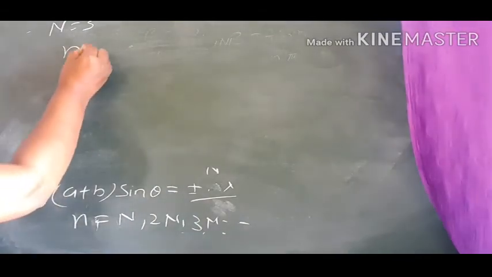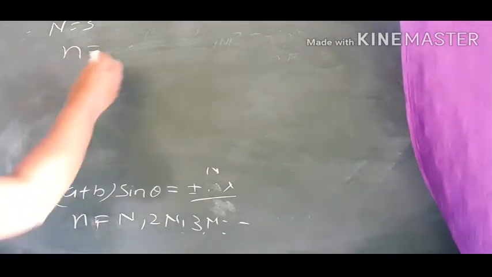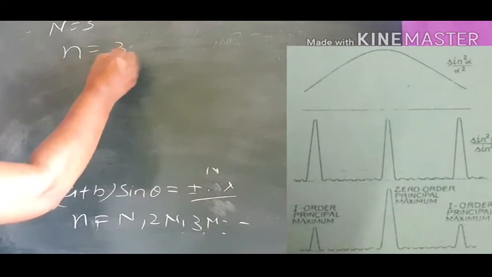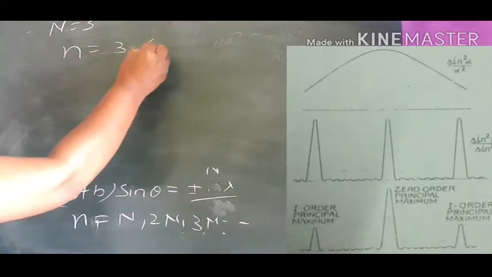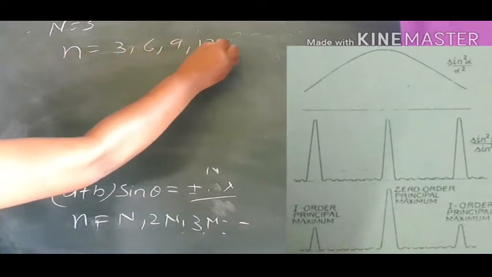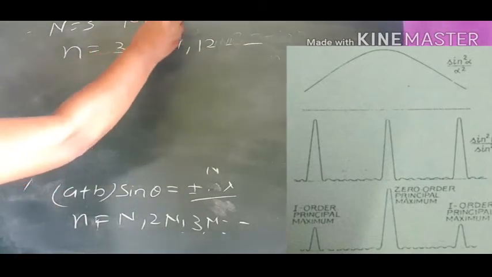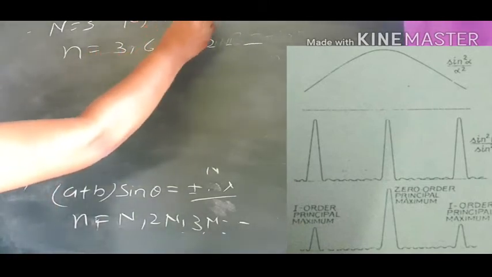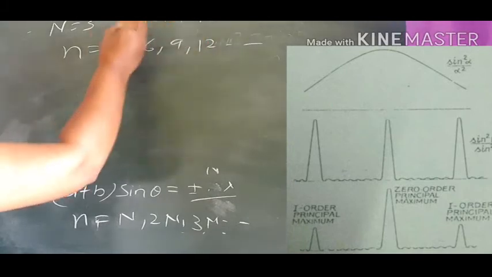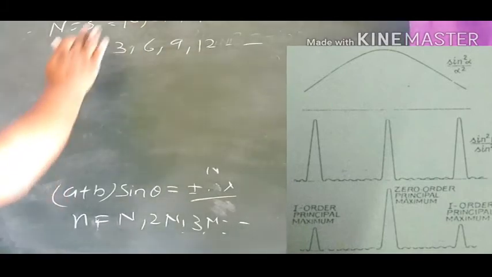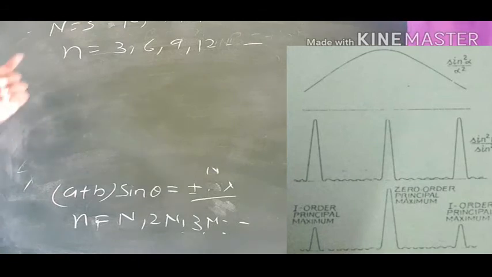Then small n can never be 3, 6, 9, 12, and so on, means n, 2n, 3n and so on. n can never be equal to these values.